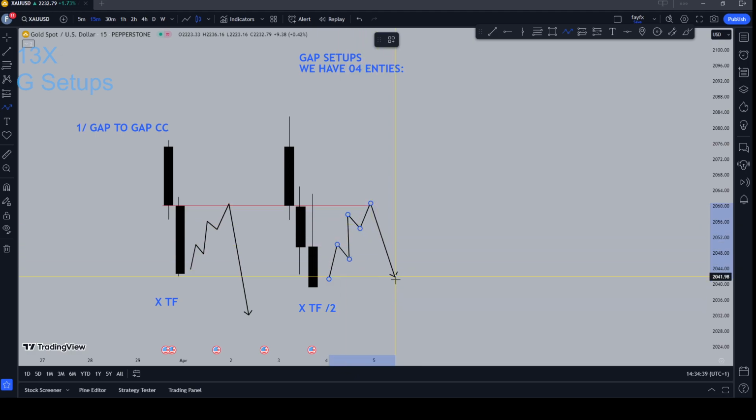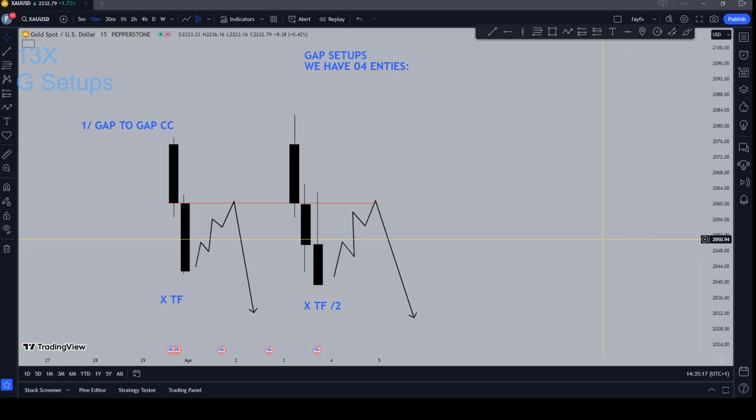It is a nice way to pick up an X time frame, and when we go one time frame lower, we find a gap CC. Price will go up, reach that level and go down. You can instant sell here when price reaches that level. This is the first entry for gaps.